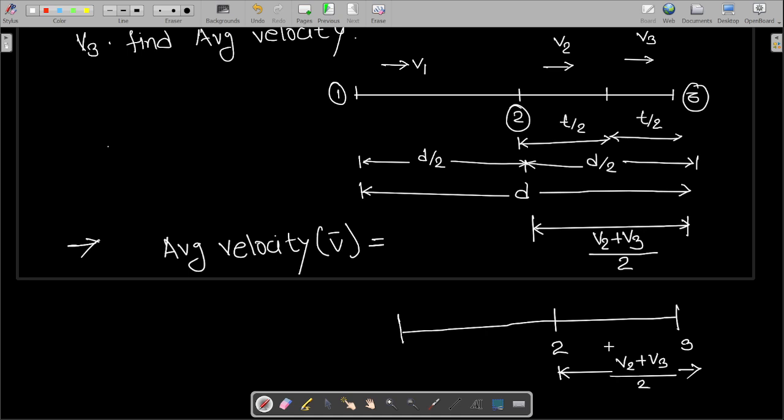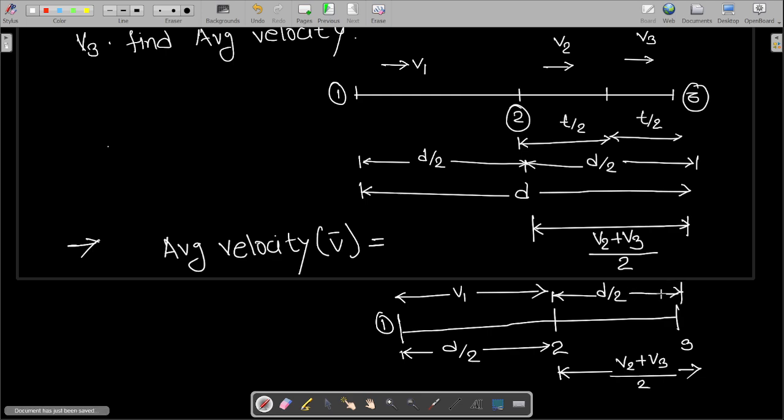And from point 1 to point 2 the velocity is v1, and the distance from point 1 to point 2 is d by 2, and from point 2 to point 3 is d by 2. Okay, now see.